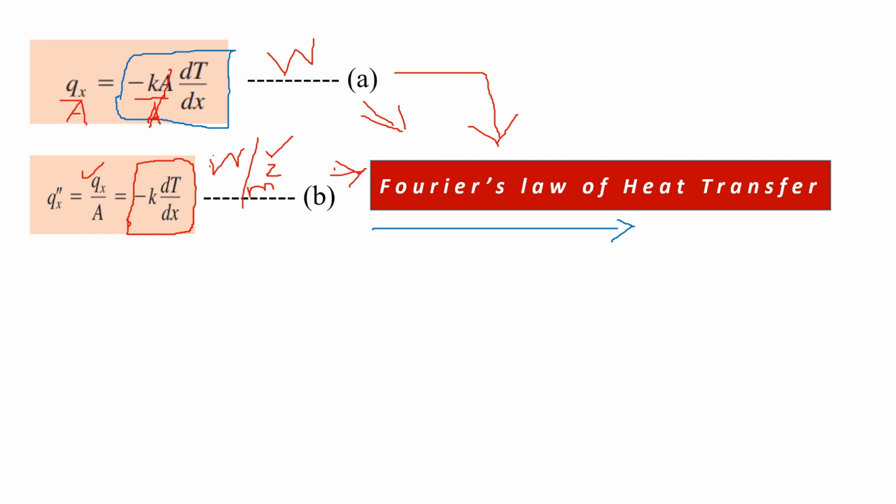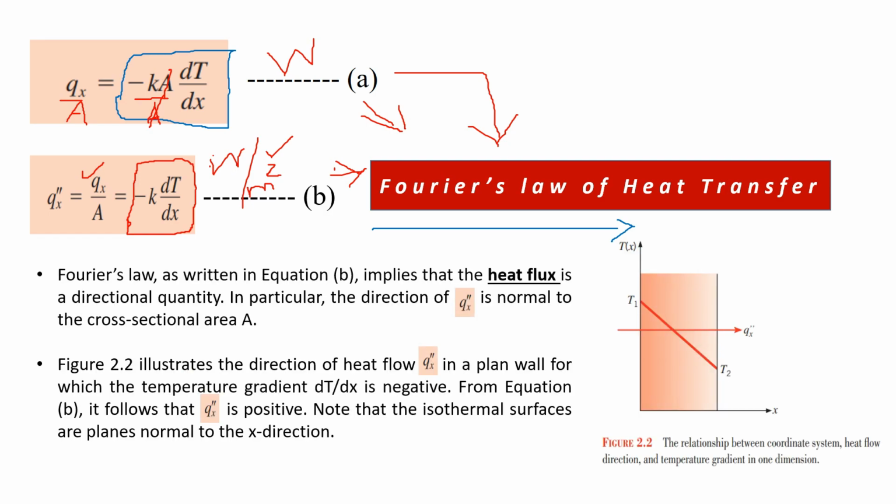From this diagram you can see that the heat flux is normal to the area of the surface, this isothermal surface. The heat transfer rate per area, the flux, is normal because we are dividing by the cross sectional area.